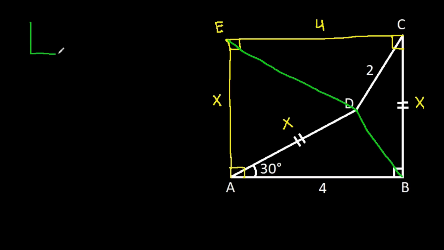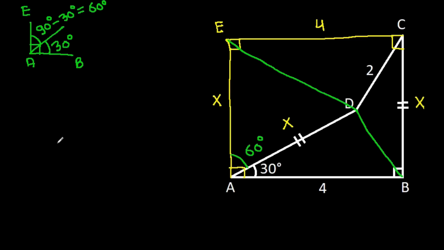then we have angle EAB is 90 degrees and this angle is 30 degrees. So this angle will be 90 degrees minus 30 degrees, that will be 60 degrees.